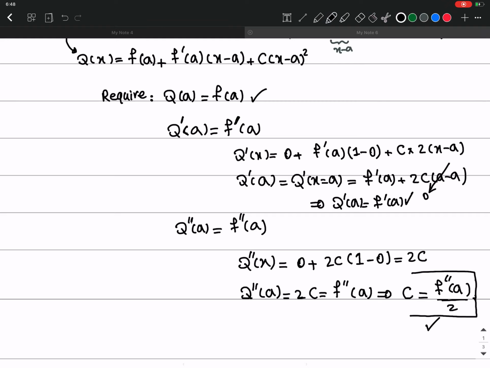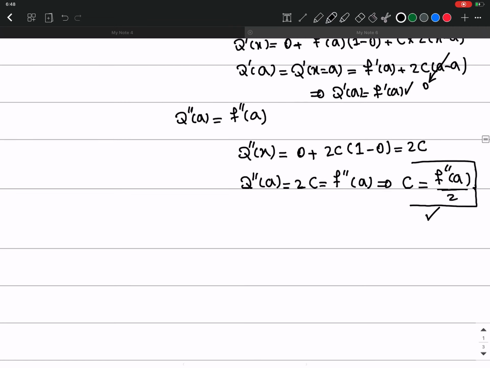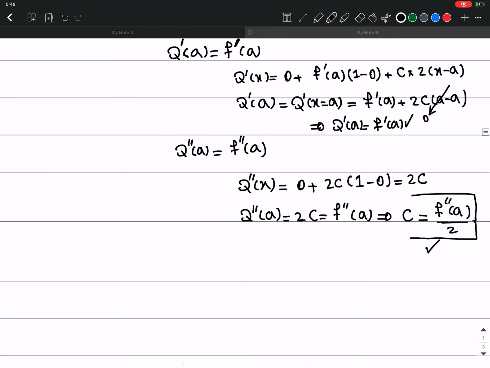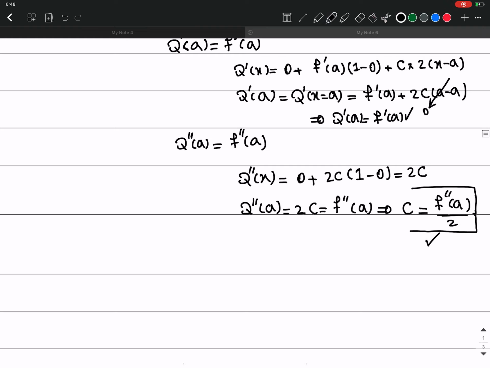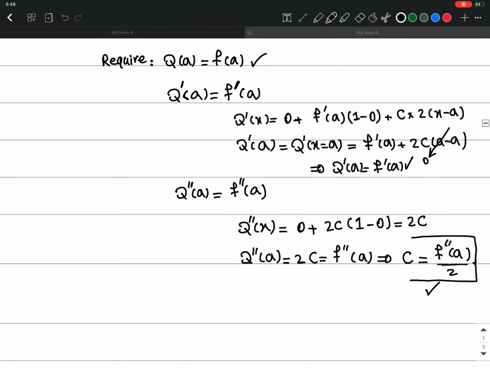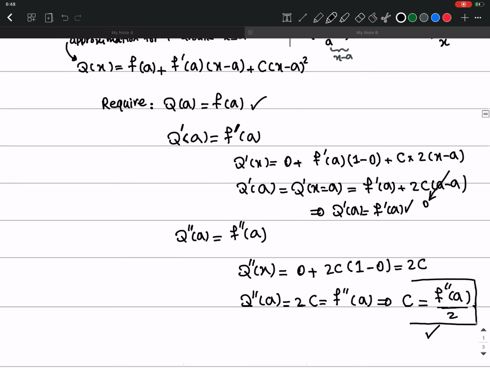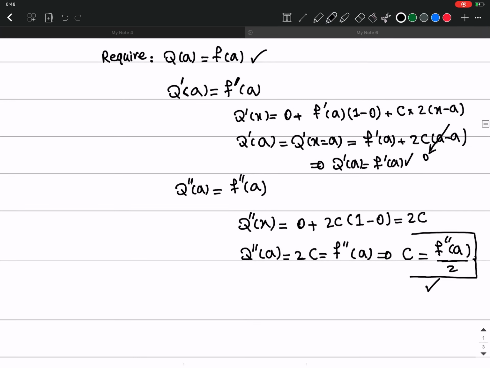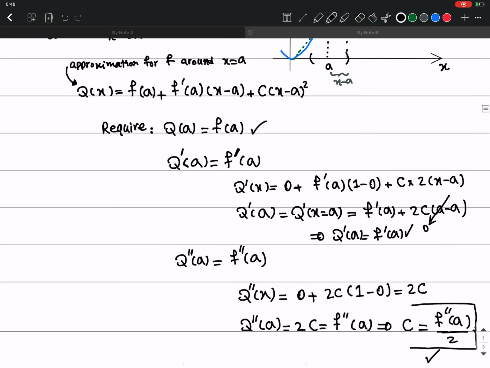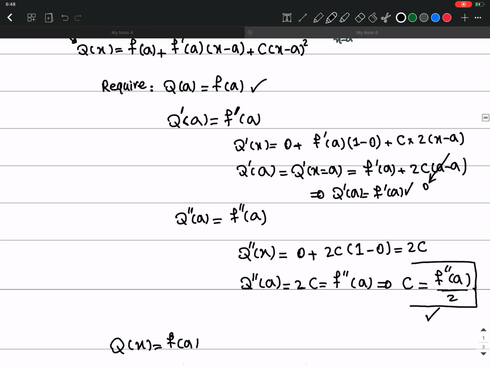So now I want to give you a small exercise at home that you can do. And that is, for Q(x), you just add the third term. So we have Q(x) equals f(a) plus f prime(a) times (x minus a), plus, and we found this c, which is f double prime(a) over 2 times (x minus a) squared.